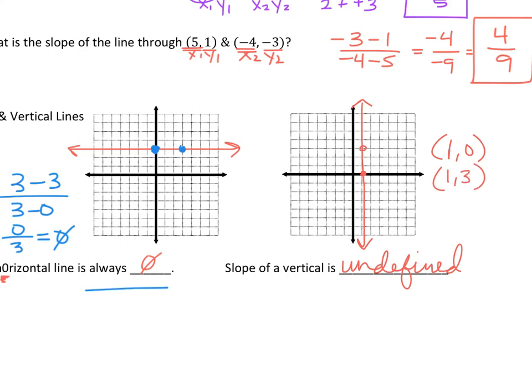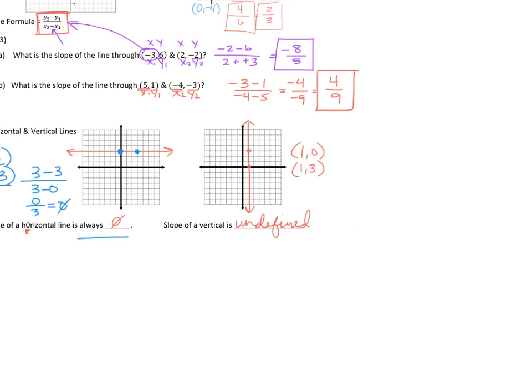Okay, if I plug those into the slope formula, I get 3 minus 0 over 1 minus 1. What's 3 divided by 0? An error in your calculator, right? If you plug that into your calculator, you're going to get an error every time. That means your slope is undefined, okay?